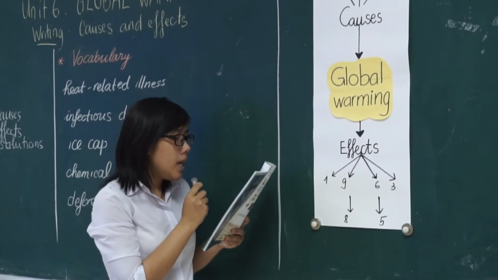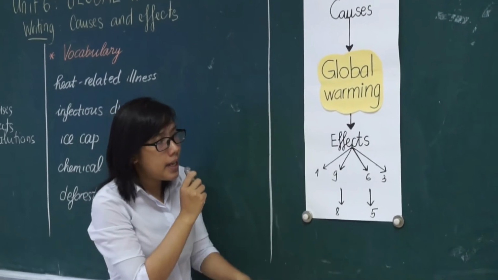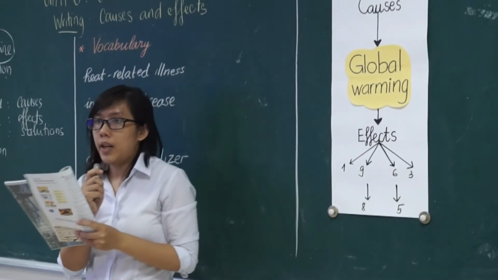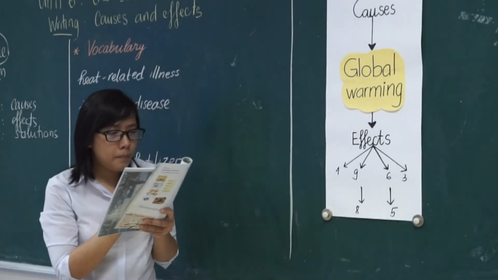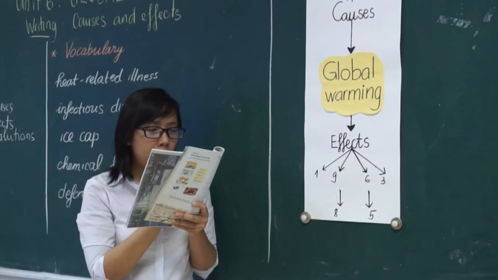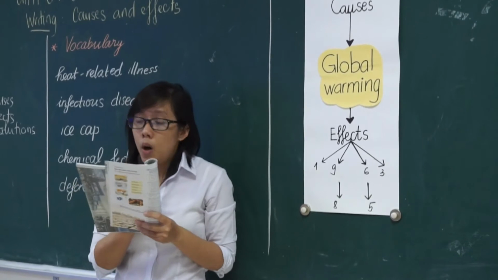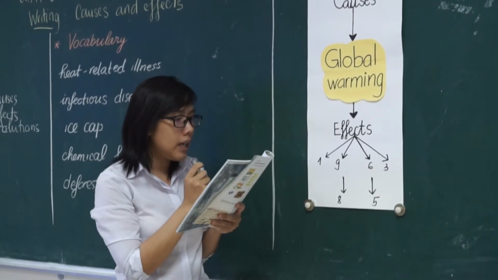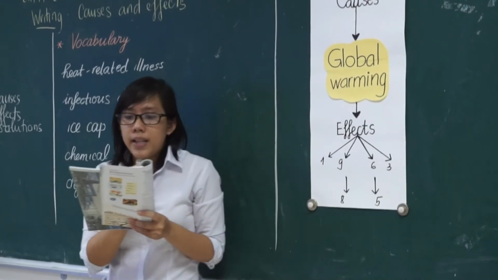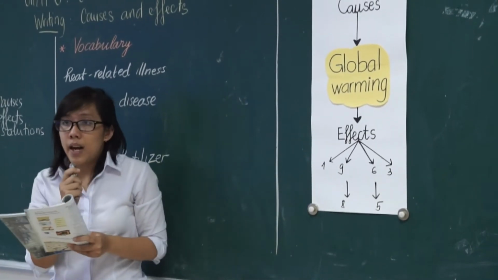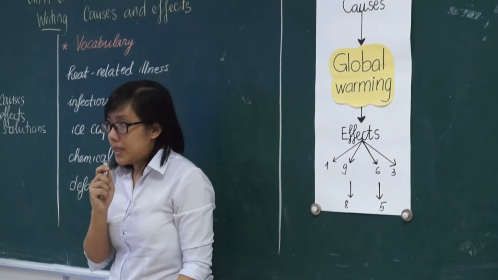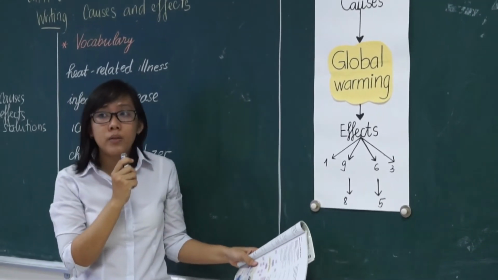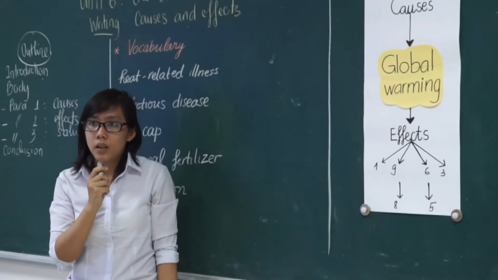And the next effect is number 6, extreme weather. And because of extreme weather, a lot of people lose their homes. And the final effect is the increase of sea level and melting of polar ice caps. So do you have any questions about task number 1?